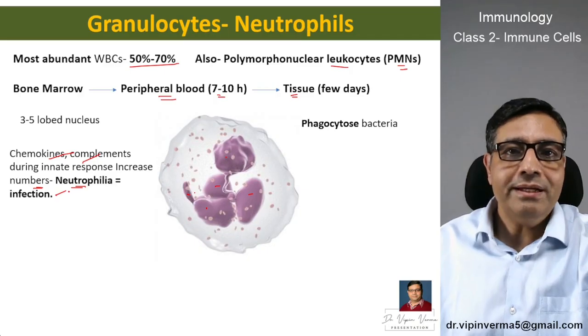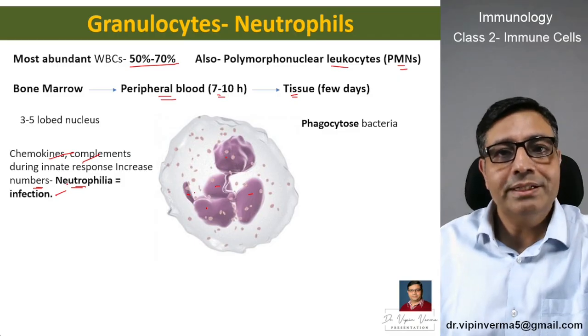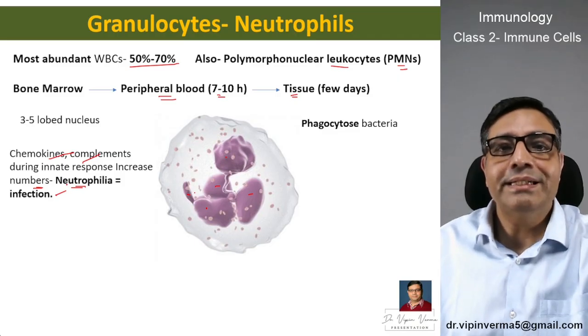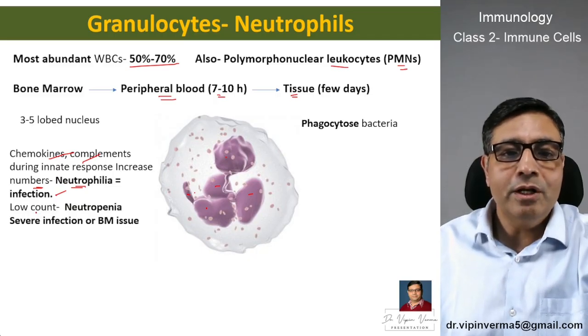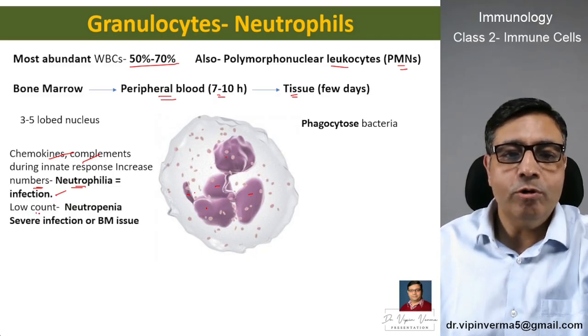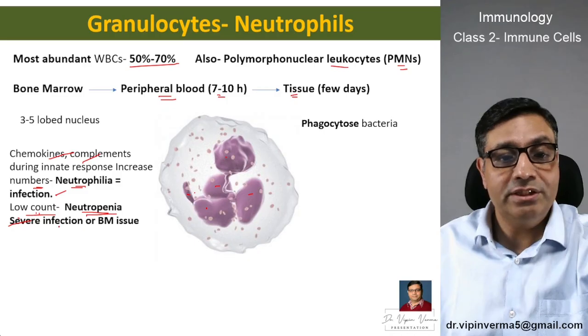So when in a blood profile there is an increase in neutrophils, the doctor can see that there is a bacterial infection inside the body. Sometimes a low count can also be seen, and this low count is known as neutropenia.